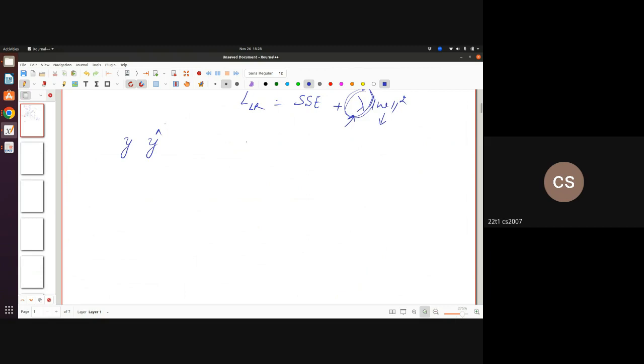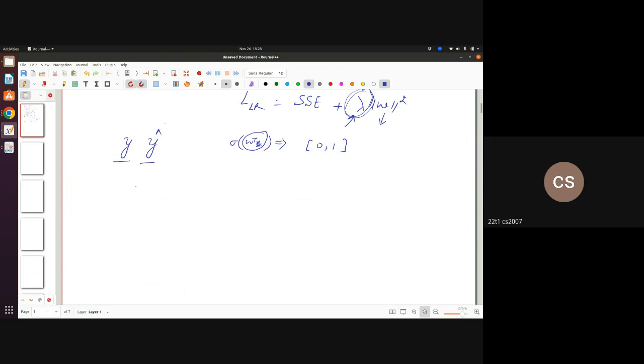In case of logistic regression, on W transpose X, we apply this sigmoid function, and that compresses the value of W transpose X somewhere between 0 and 1, right? And that's used as the probability for that particular data point X. So that results in the y hat value. Let's call it y hat, the predicted value, and y is the actual value. So we want to compare it with the actual value.